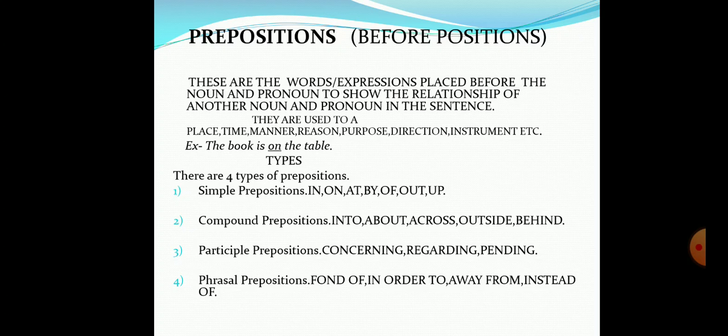Second type is called compound prepositions. The prepositions which are formed by combining two simple prepositions together and also by prefixing a or b to a noun, an adjective or an adverb are called compound prepositions. These are two syllable words.